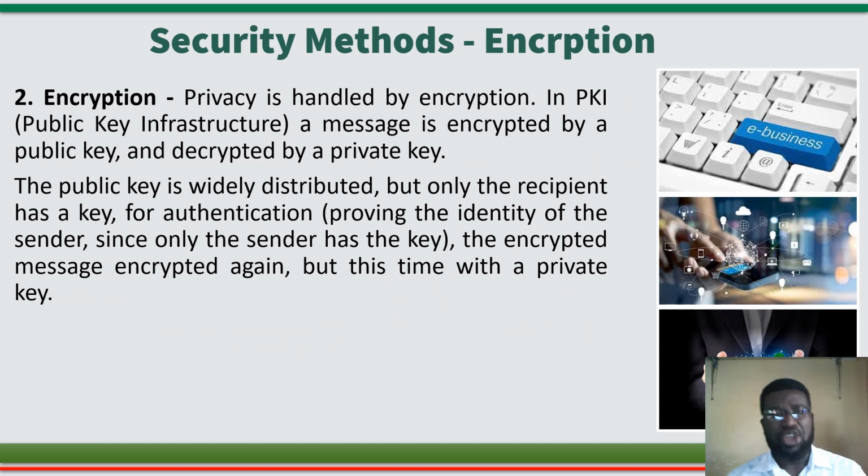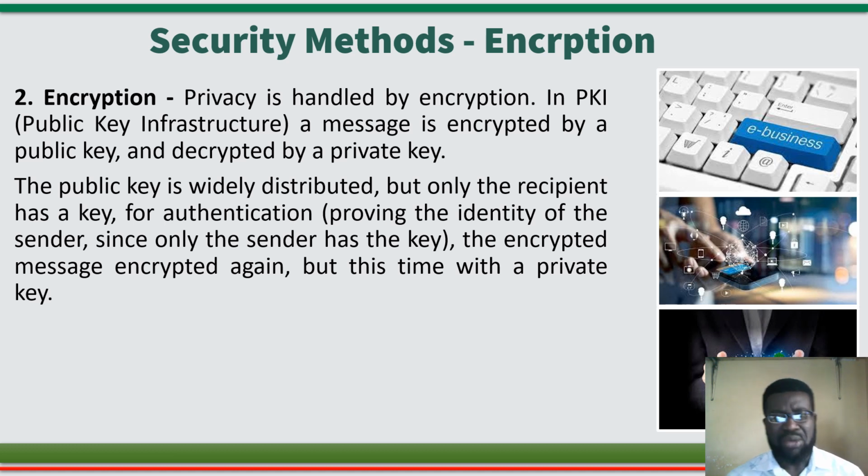Another one is the encryption security. Encryption is another method of security. So privacy is handled by encryption. The encryption ensures privacy. In a public key infrastructure, we often call it the PKI, a message is encrypted by a public key and decrypted by a private key. Now, the public key is widely distributed, but only the recipient has a key for authentication.